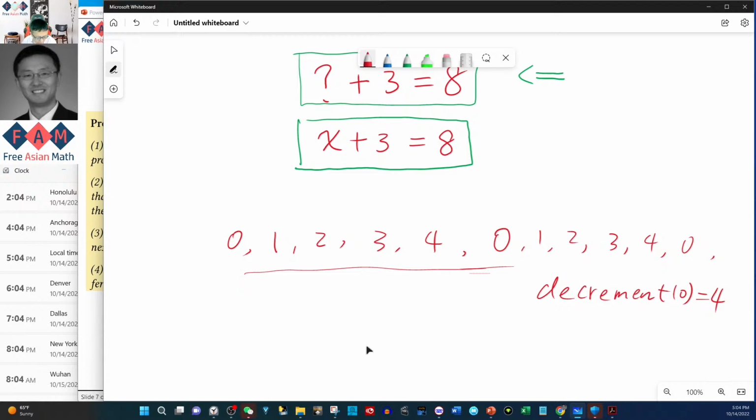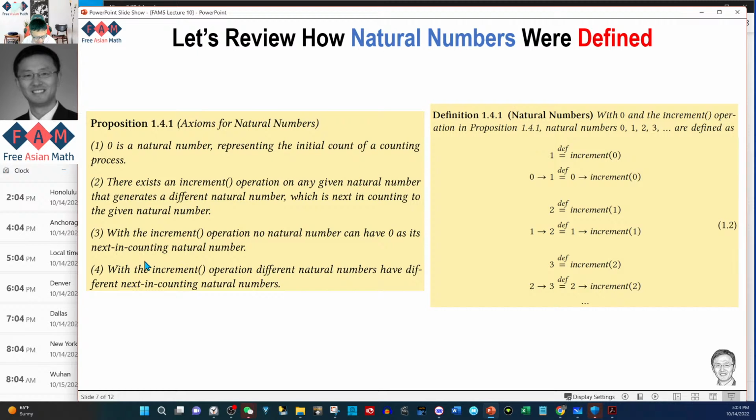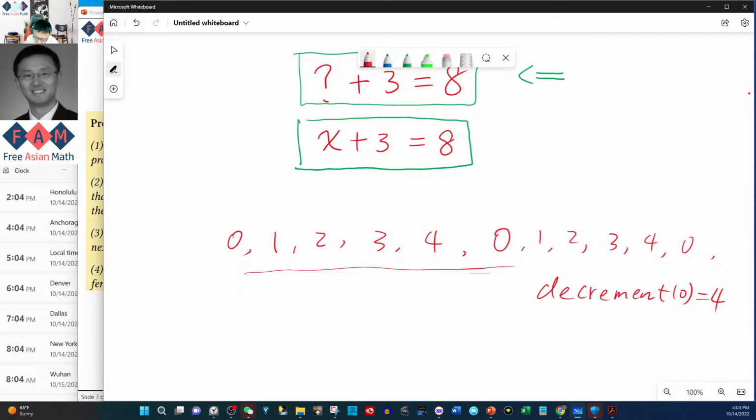So therefore, we need axiom number 3 in order to prevent any counting loop that wraps around and goes to 0. If that actually could happen, we would have no difficulty defining decrement 0 to be 4, which of course is kind of ridiculous.